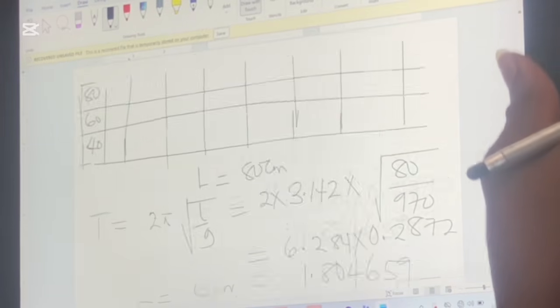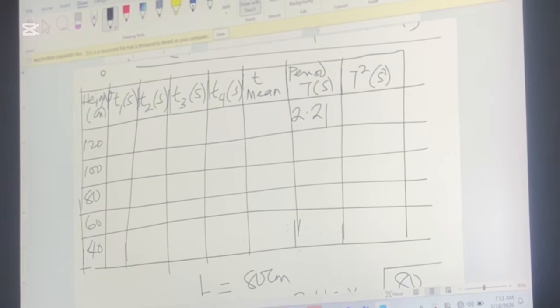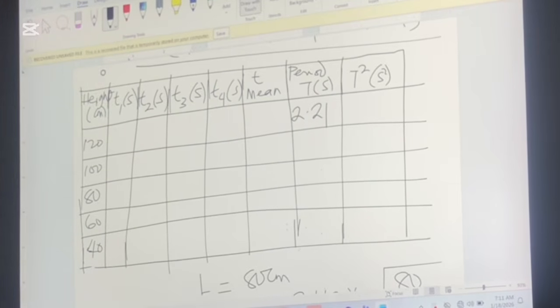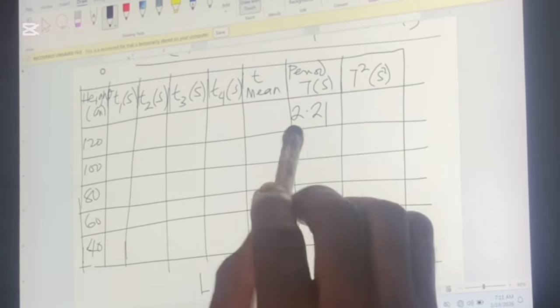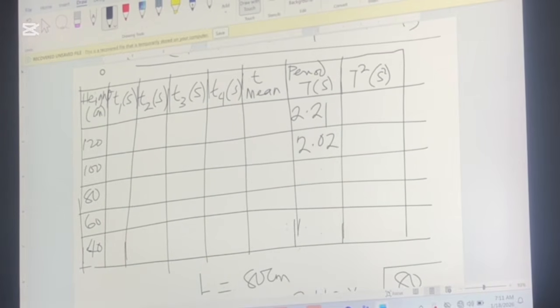Now let's place the values of T in the table. The first value of T is 2.21. Remember, I told you that in our table we use 2 decimal places to fit our manual. Please take note. The next one is 2.0177, so I can say 2.02. The next one is 1.804659, I can say 1.80.